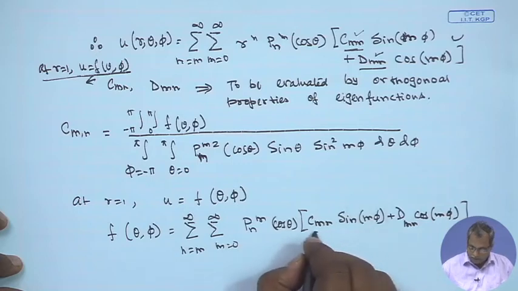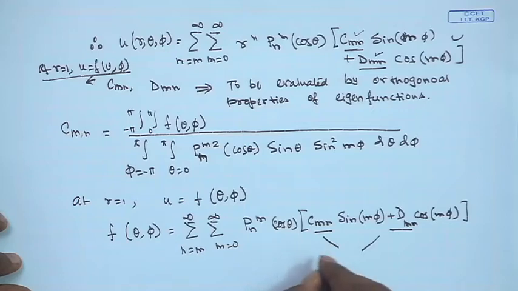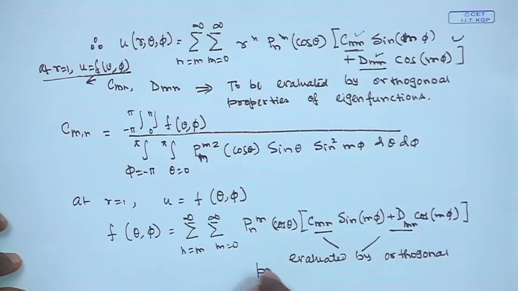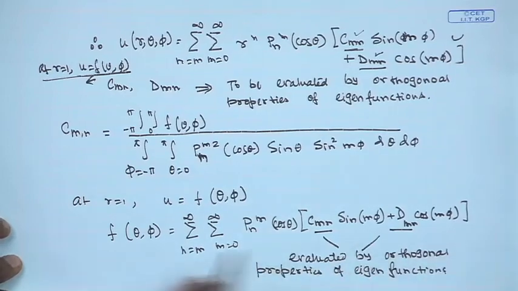Now the constants C m n and d m n will be evaluated by exploiting the orthogonal property of the sine functions and cosine functions, that is, by orthogonal properties of eigenfunctions. So I will be directly writing the final solution. We have done this umpteen number of times.